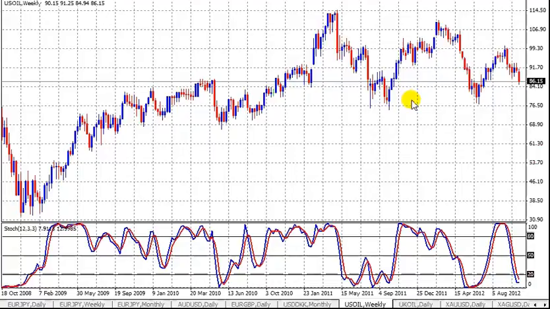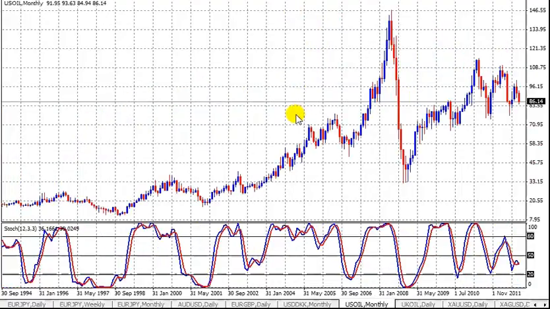And we've bounced a little higher, come a little lower, a couple of times. If we go a little further out to the monthlies, we can see how we spiked way up to $147 a barrel and then sold off quite vigorously down to $33 a barrel. We made our way back up to around 110, and now for the last couple of years we've been bouncing in this area.